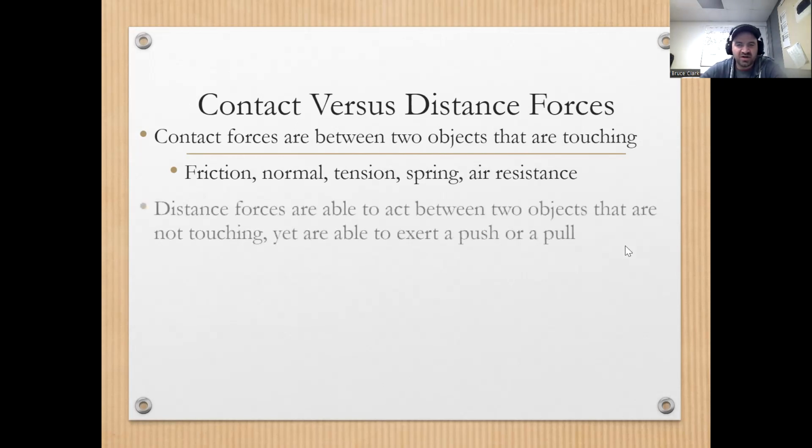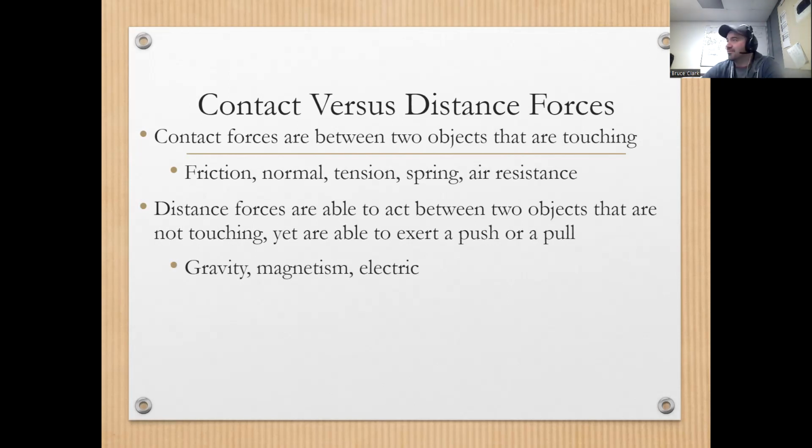Distance forces are forces that are able to act between two objects that are not touching. Here are the three examples I have. We have gravity. That's the obvious one, the one we're going to be using a lot. The force of gravity is going to act on you whether you're touching the earth or not.